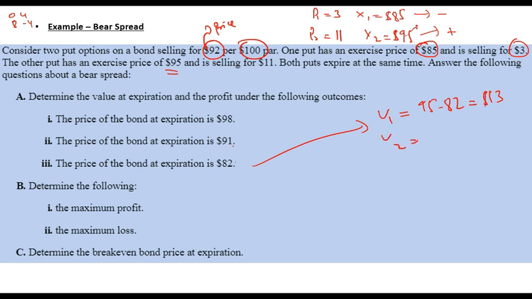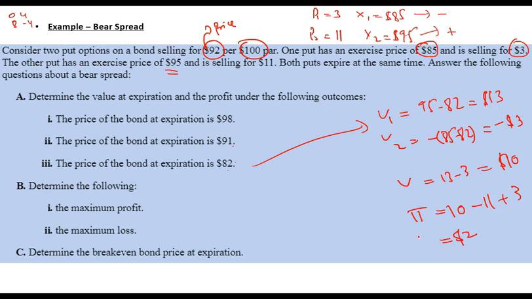Value from second option will be 85 minus 82, and this will be negative. Why? Because you have sold this option. Minus 3. Total value will be 13 minus 3, which is $10. And what is the profit? Profit will be 10 minus 11 plus 3, which is $2.